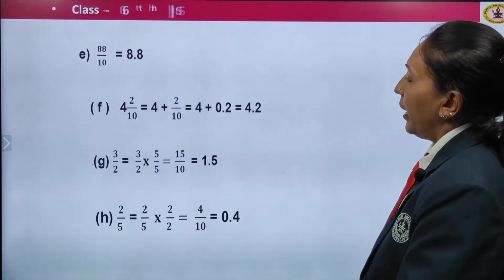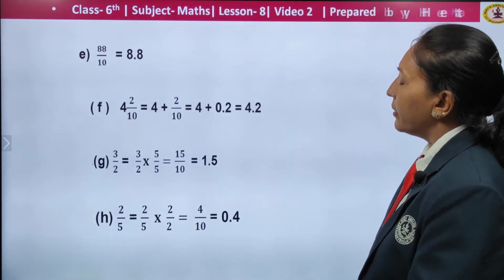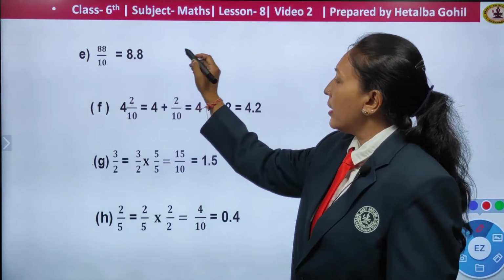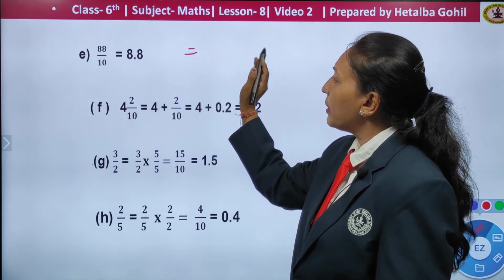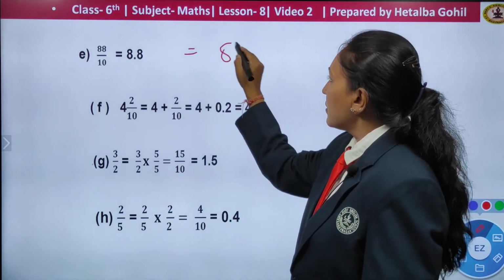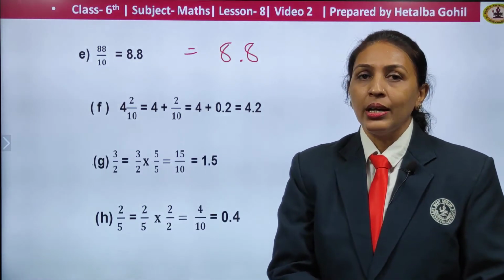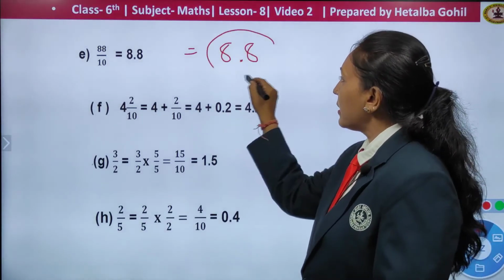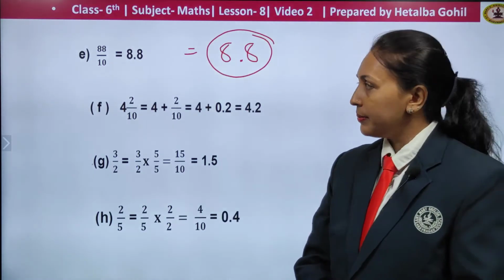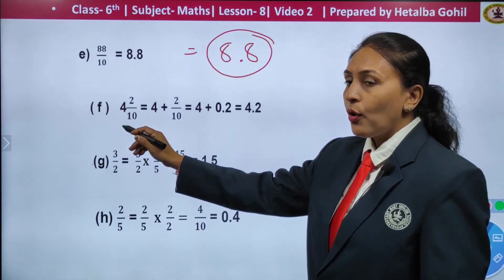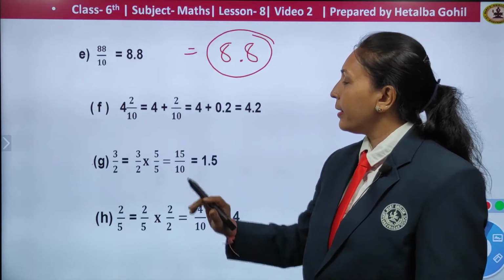Okay, 88 upon 10 here. 88 upon 10 is nothing but putting the decimal point one place from the back. For example, 88 from the back, that means between both the 8s you have to place your decimal point. You will get your answer as 8.8 here. Next one, 4 integer 2 by 10 here.